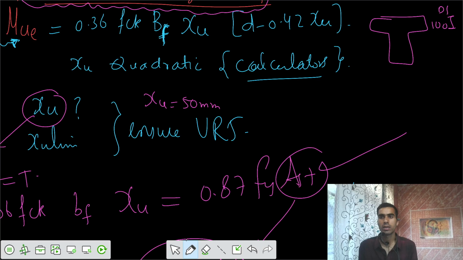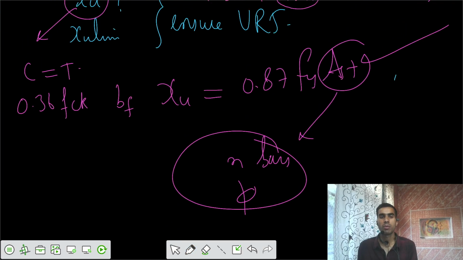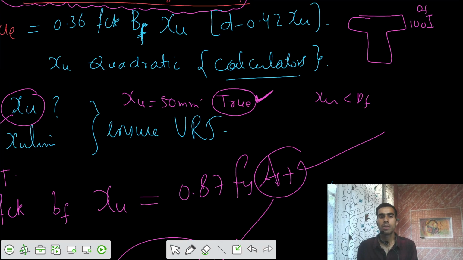Initially you assumed XU was less than DF, and from the calculation you got XU equals 50. That means the assumption is correct, and the calculations can proceed further. But if you got XU as 105 millimeters, which is greater than DF, then the assumption is false.